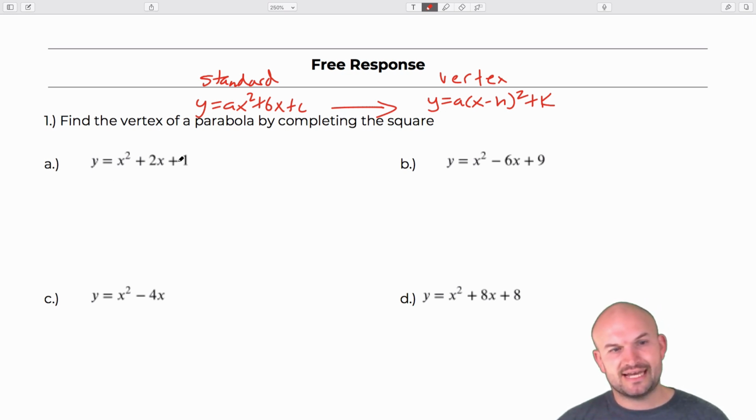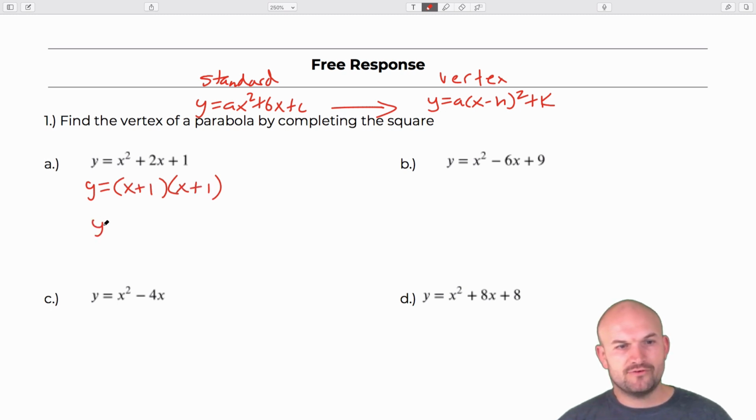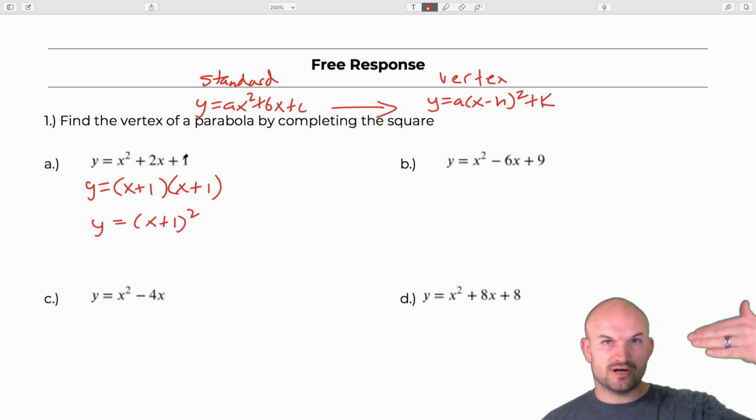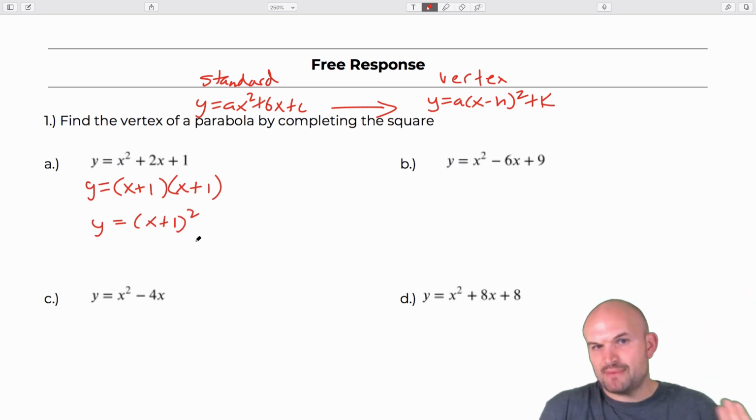In this case, the first two examples I actually chose are perfect square trinomials. If you were to factor these, I'd say what two numbers multiply to give you 1 and add to give you 2? That's going to be x plus 1 times x plus 1, which gives you x plus 1 squared. So I just went from standard form to vertex form just by factoring.